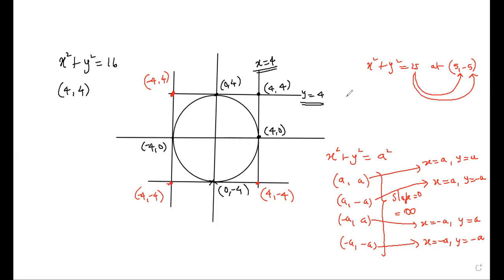Suppose I do this problem by the quadratic equation method. That is, for this one, y equal to mx plus or minus a root 1 plus m square. When I substitute 4 here, 4 is equal to 4m plus or minus 4 root 1 plus m square. I can cancel off 4 everywhere, so it becomes like this.